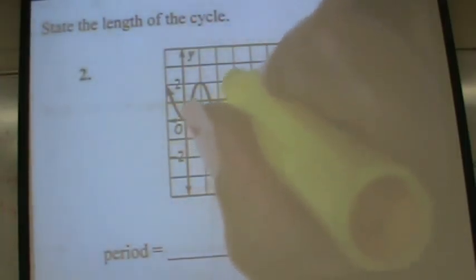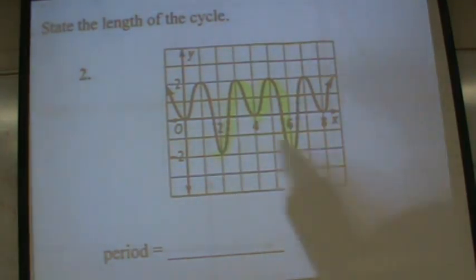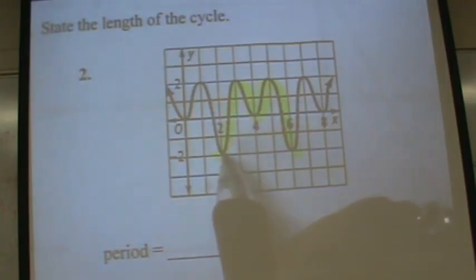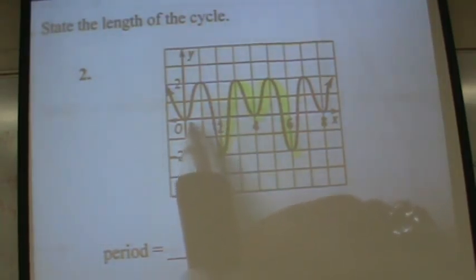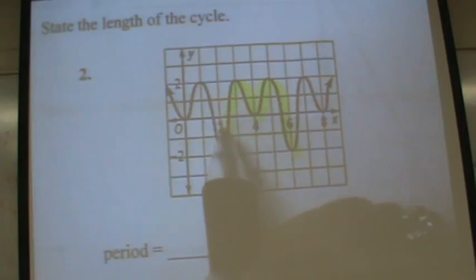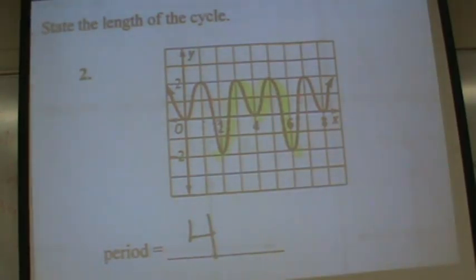I made sure, because sometimes they go by 2s. But these are going by 1s. They didn't number them all, but since it went every other one, these are each 1. So that's 1, 2, 3, 4. That's the length of one cycle. Okay? Good? So that's one objective.